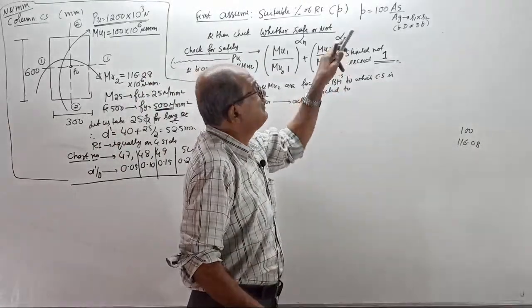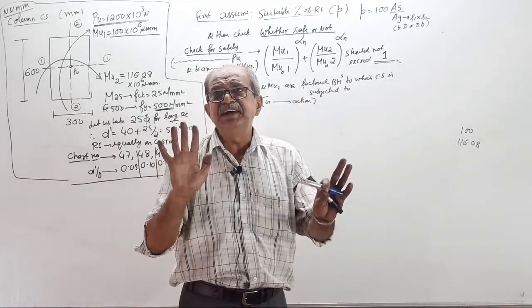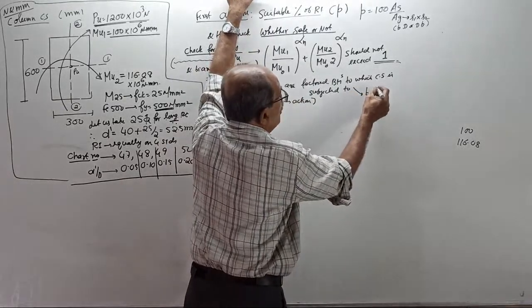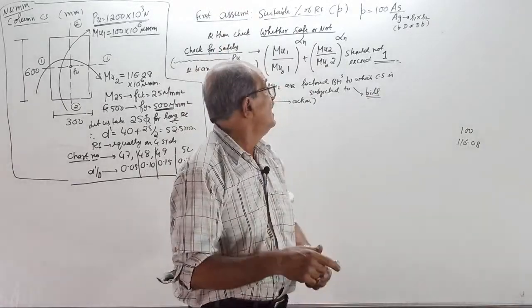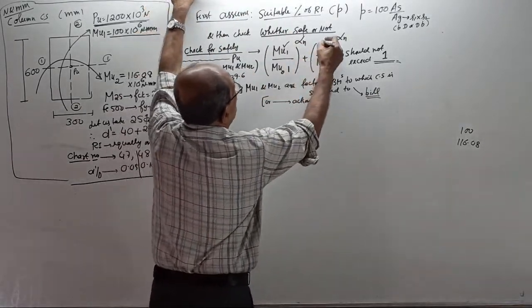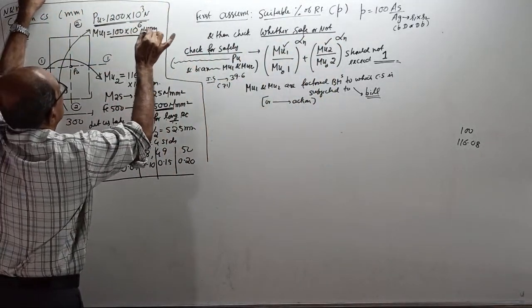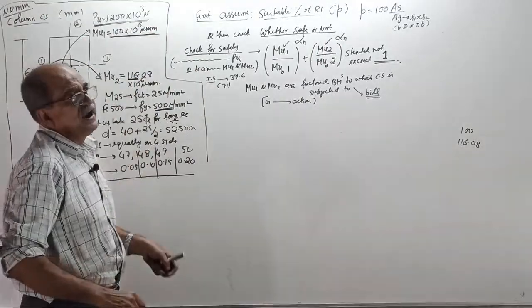See that alpha n is there. It is not fully correct, but logically I am telling. It is like your bill. You go to a hotel and eat something, that is the bill. Now tell the answer. Your MU1 is known to you, MU2 is known. Here, MU1 is 110 into 10 to the power 6, MU2 is 116.08 into 10 to the power 6.